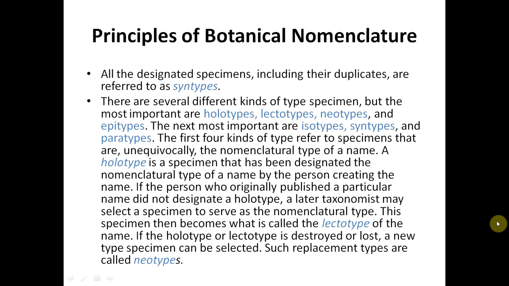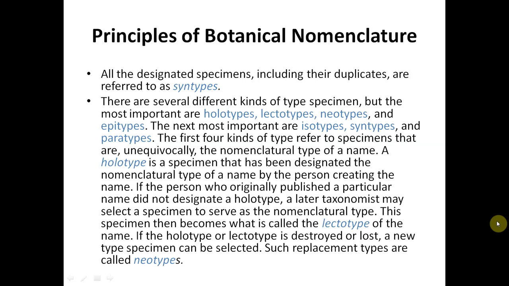There are several different kinds of type specimen, but the most important ones are holotypes, lectotypes, neotypes, and epitypes. The next most important ones are isotypes, syntypes, and paratypes. The first four kinds of type refer to specimens that are unequivocally the nomenclature type of a name. So holotypes, lectotypes, neotypes, and epitypes are used as nomenclature types.